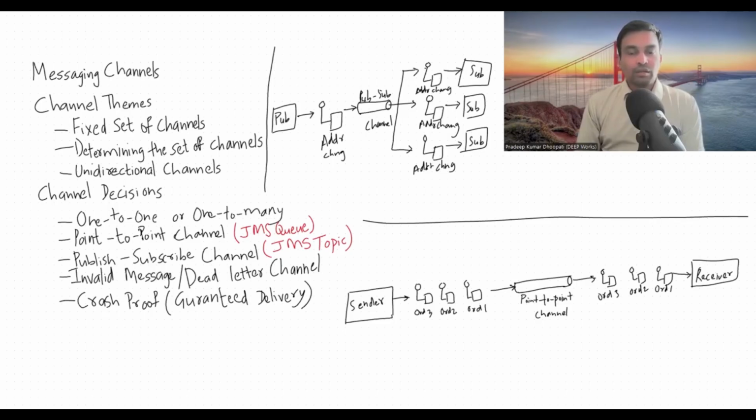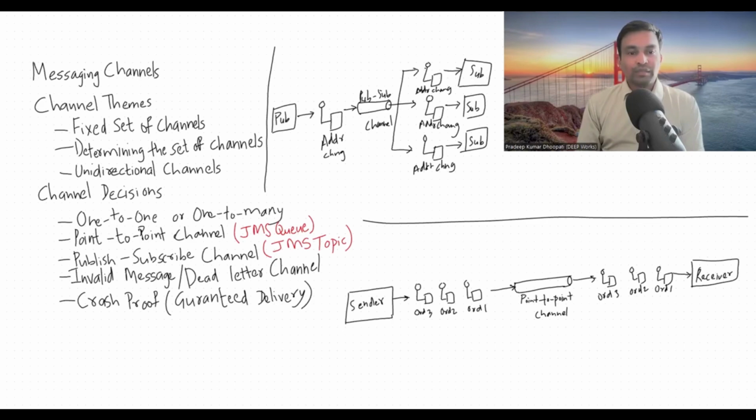So these are all things which should be decided at the design time, not at the runtime. Sure, there will be some message channels that can be created at the runtime dynamically, but most of the channels that might be necessary for the applications to exchange data should be decided at the design time and agreed upon, along with a format, what sort of message data they will be sending across that channel.